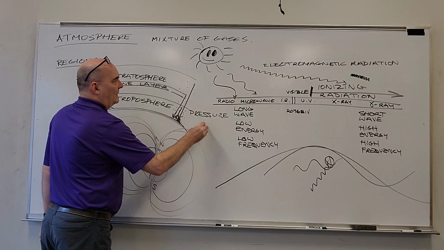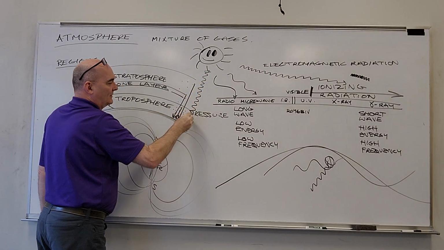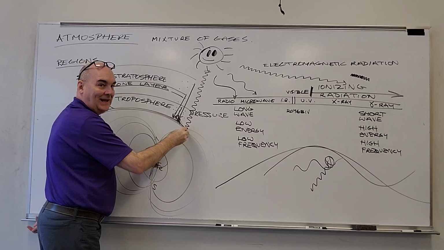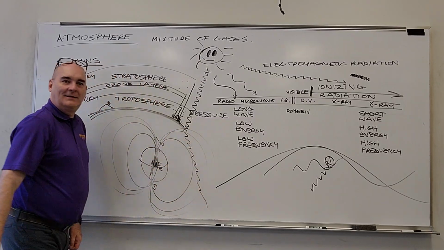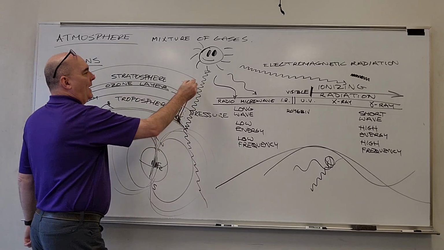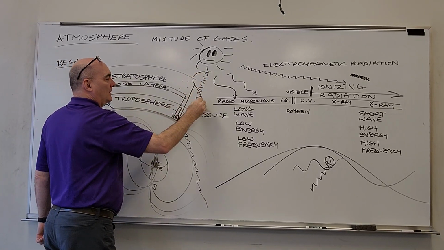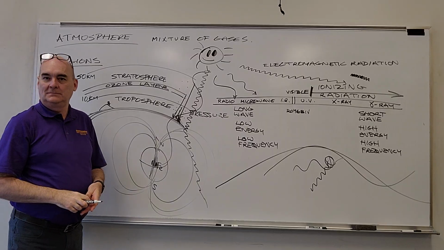First thing, when the high energy waves from the sun hit the magnetic field, they get displaced, they get bent, they get knocked out of the way. The low energy waves manage to get through.